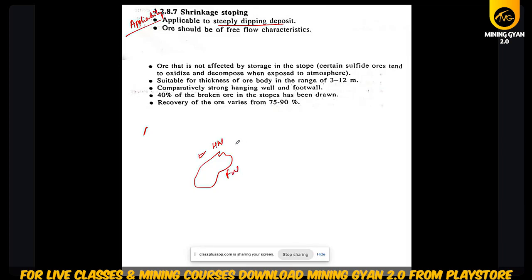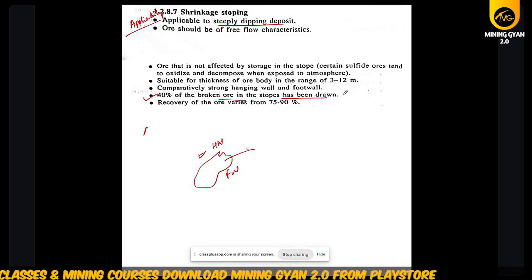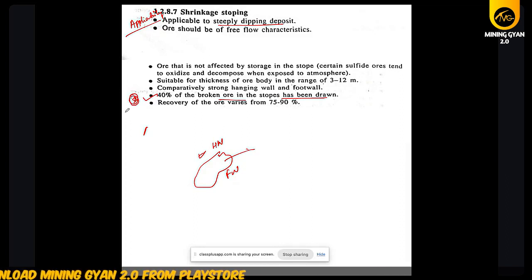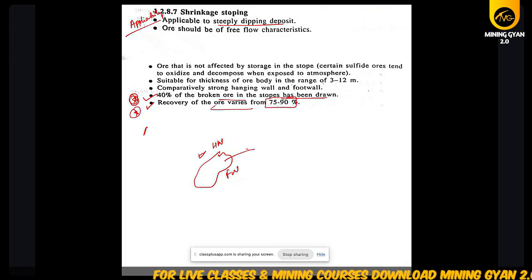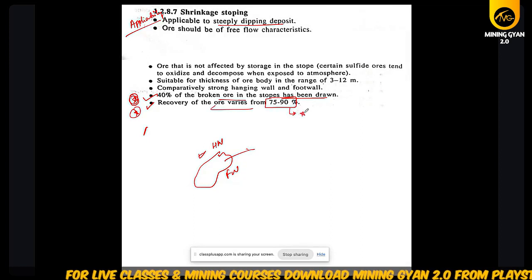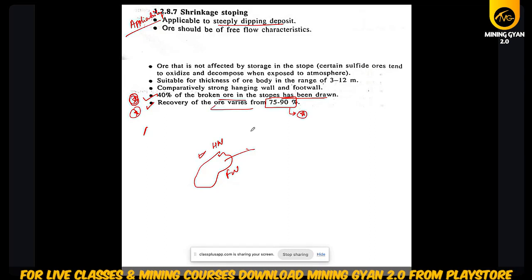And in this method, 40% of the broken ore in the stope is drawn. So this is an important point. In which type of method is 40% of the broken ore in the stope drawn? This is shrinkage stoping. The recovery of ore varies from 75 to 90%.